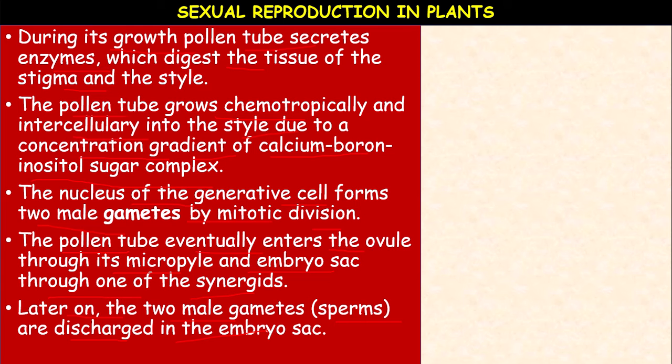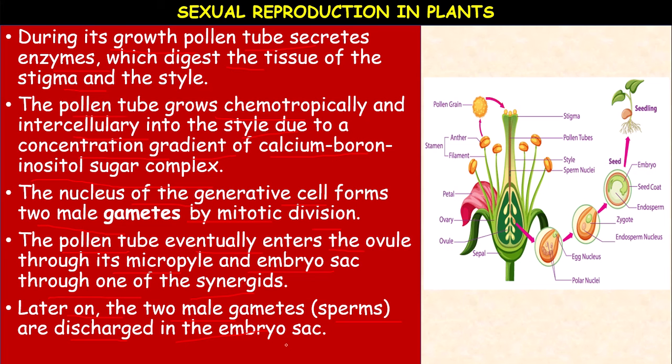One of the male gametes moves towards the egg cell and fuses with it, thus completing syngamy. The syngamy results in the formation of a diploid zygote.